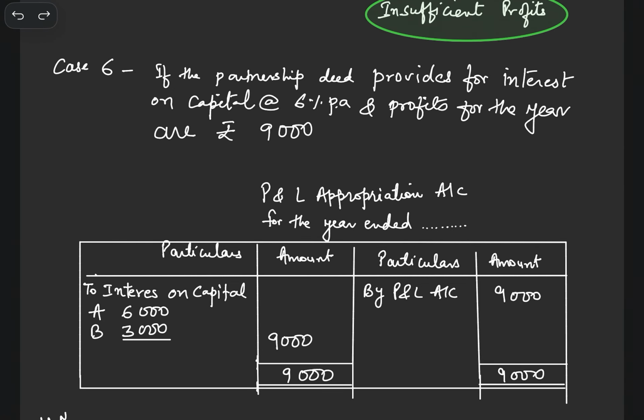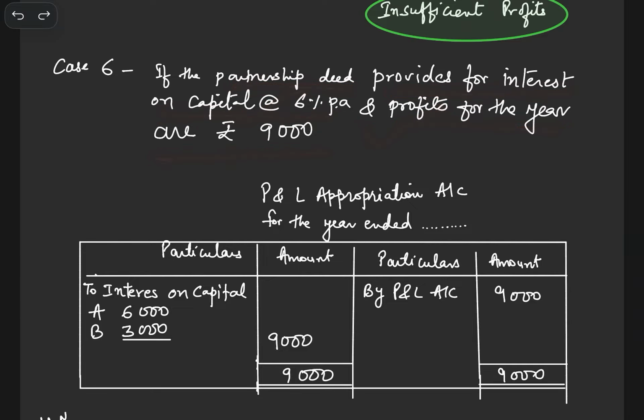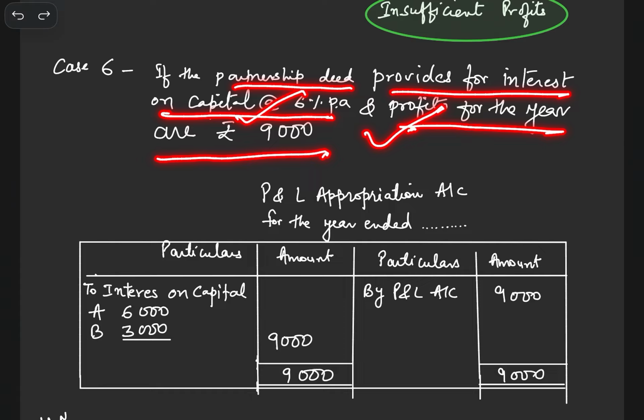Here in this, it is being informed that if the partnership deed provides for interest on capital at the rate 6% per annum and profits for the year are rupees 9,000. Now see that again the profits are there, thus interest on capital be provided, right?